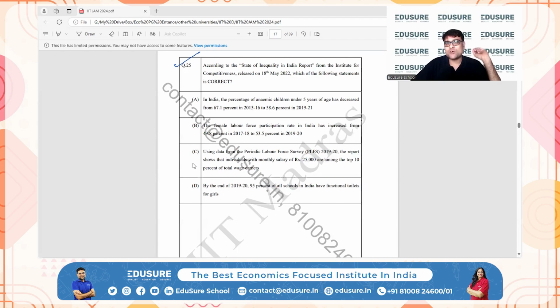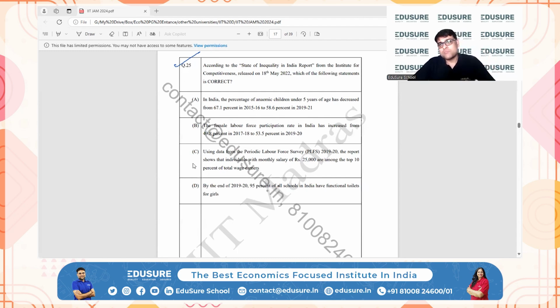Option D, by the end of 2019-20, 95% of all schools in India have functional toilets for girls. Although there has been significant improvement in the access of toilets in schools, the percentage is not 95%. Okay. The figure is not fully aligned with the data that is there in the report.